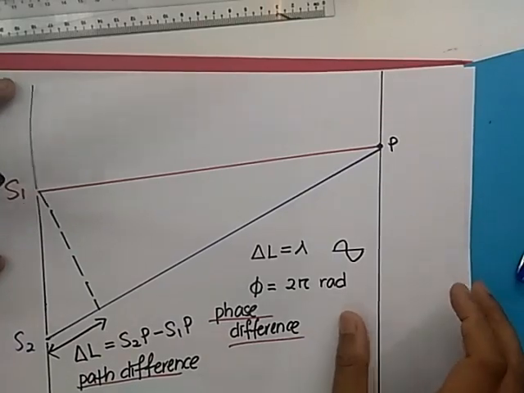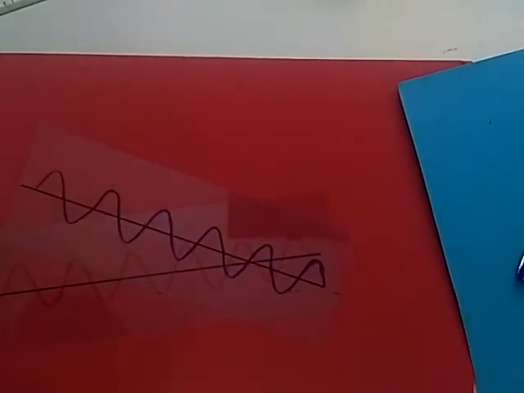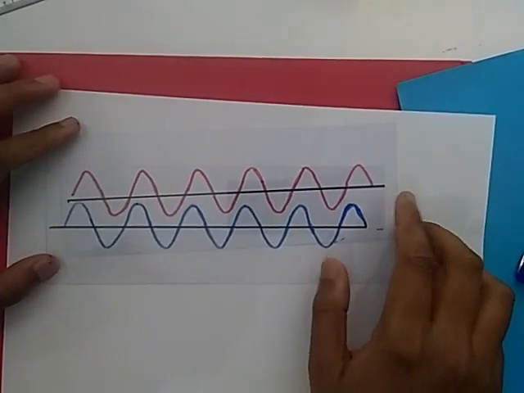Dia berlawanan fasa. So, secara visual kita boleh tengok. Let's say we have two sources, the blue one and the red one.